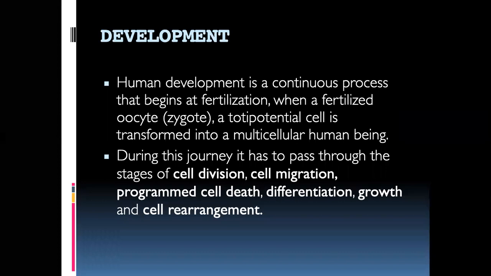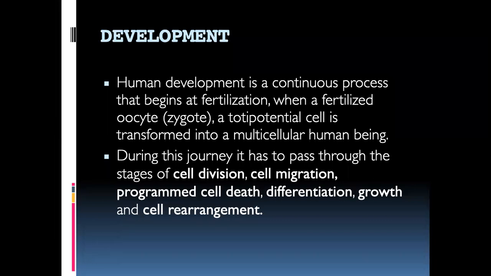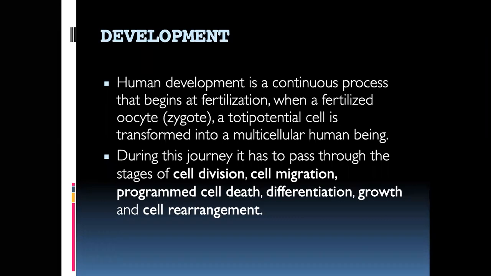During this journey, we'll study how this single cell undergoes a lot of divisions. So we are going to study the stages of cell division. After cells are divided, they have to migrate from one place to different places.